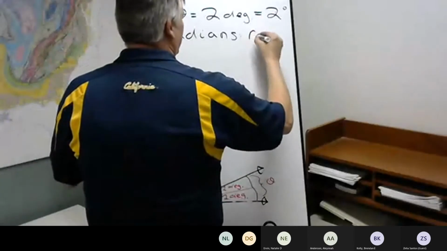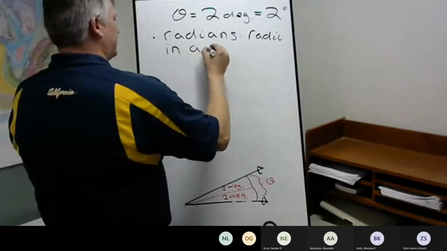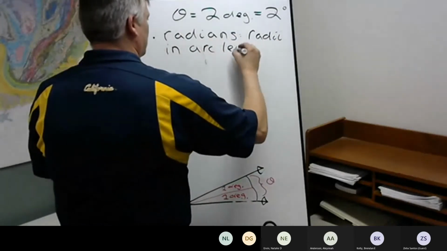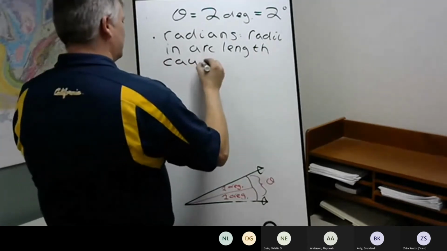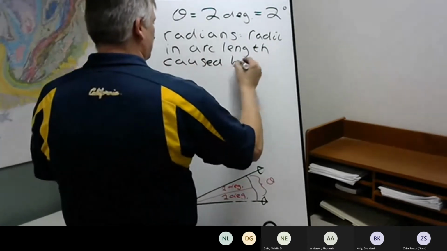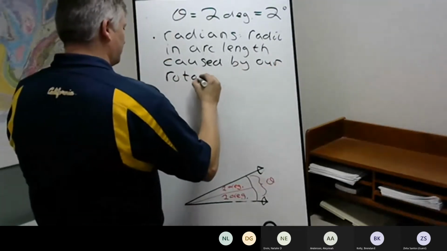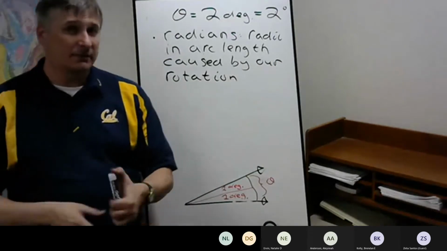So it's going to be the radii in the arc length caused by our rotation. If I'm going a bit fast, let me know.